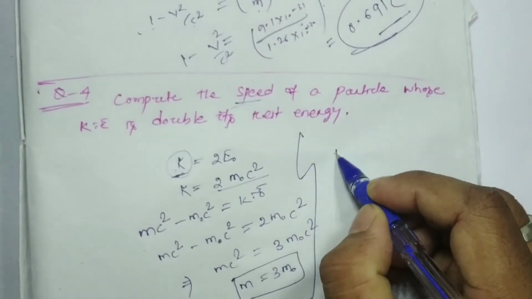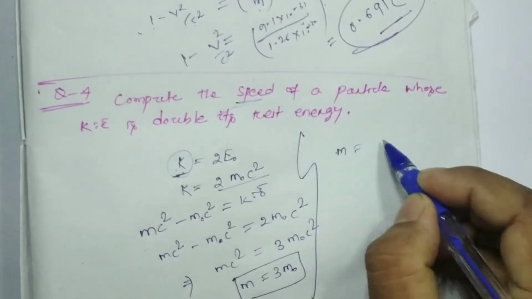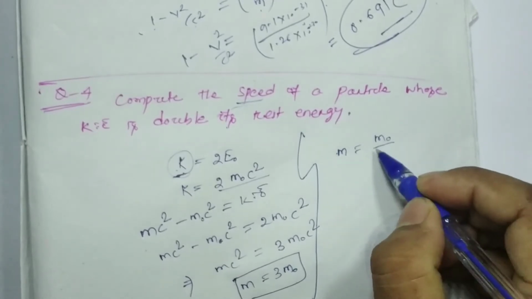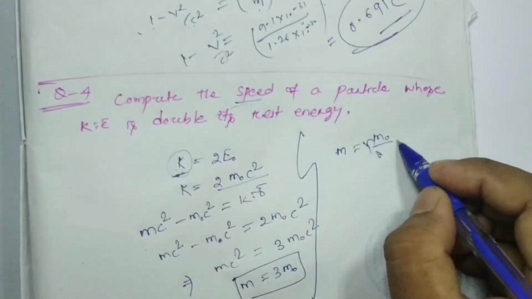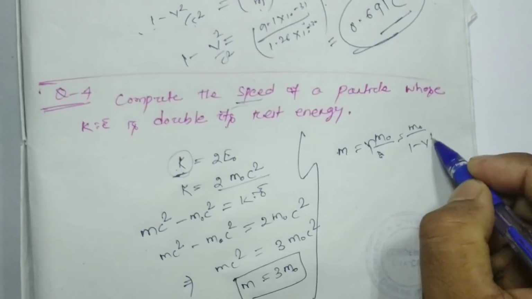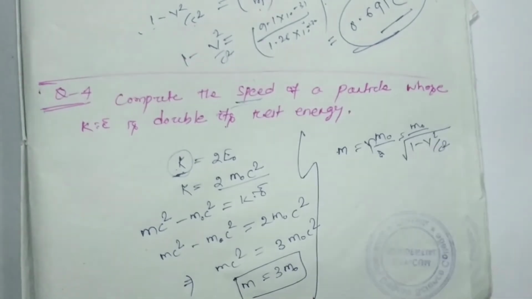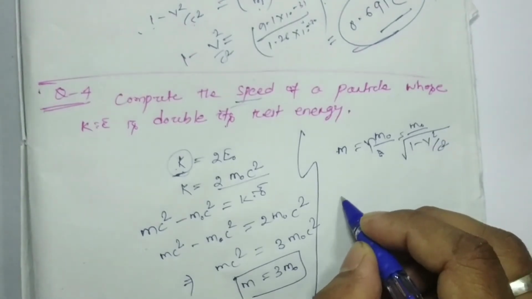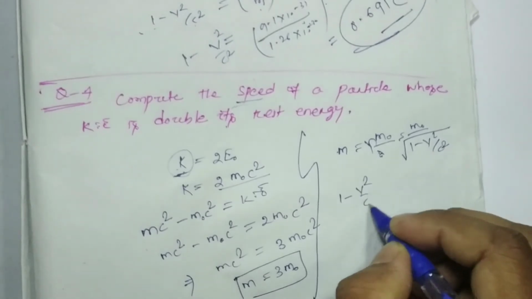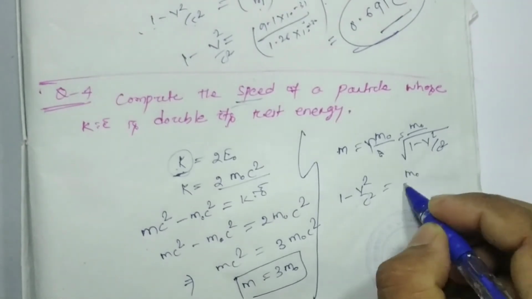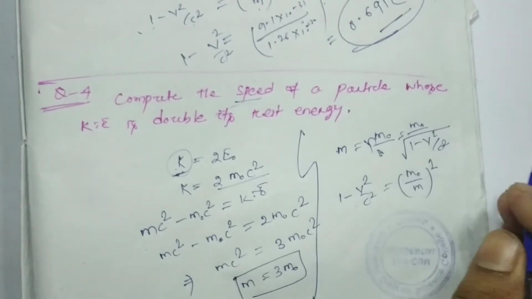We know that m equals gamma m0, that means m0 by root over 1 minus v square by c square. And 1 minus v square by c square is nothing but m0 by m square, right?